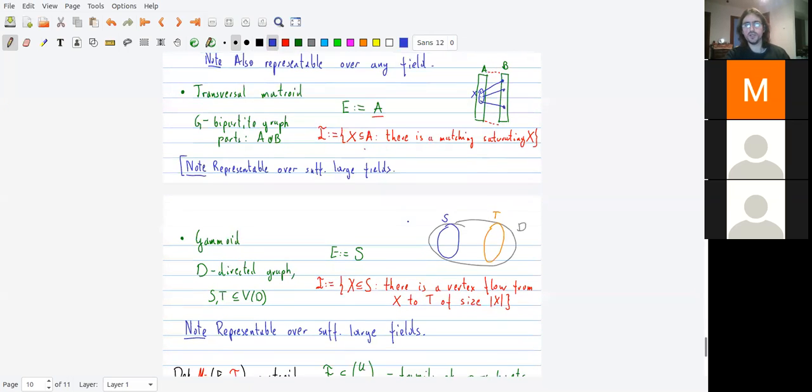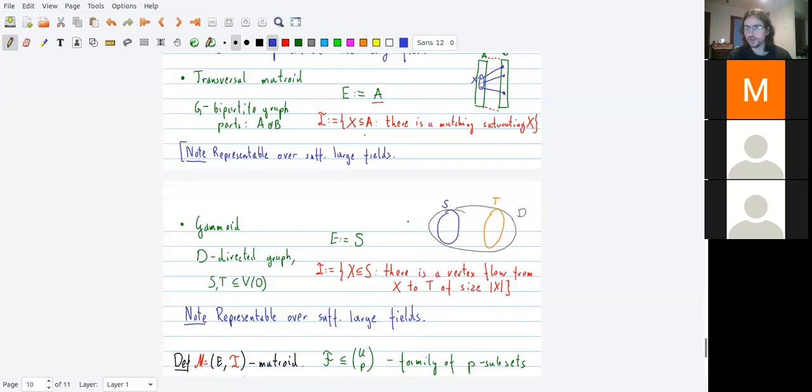And finally, it is not very far from matchings to flows. The last example is the gammoid. A gammoid is the following matroid.